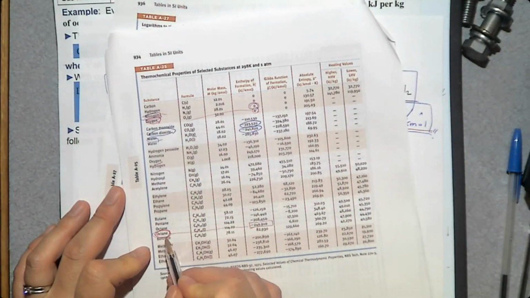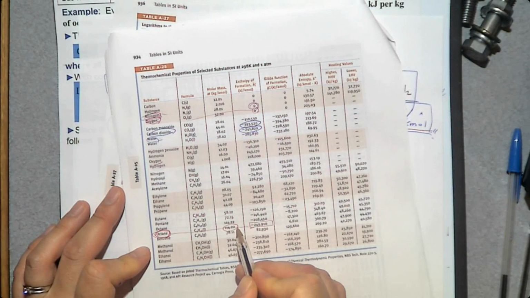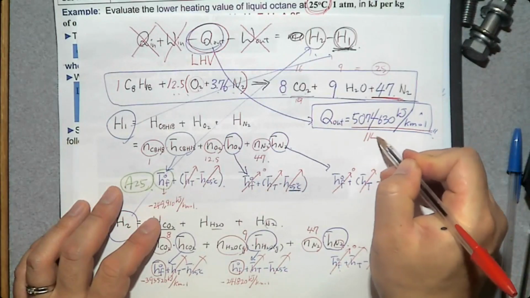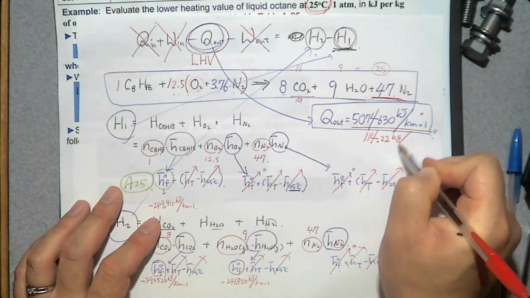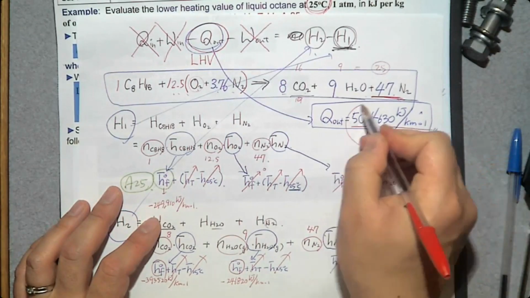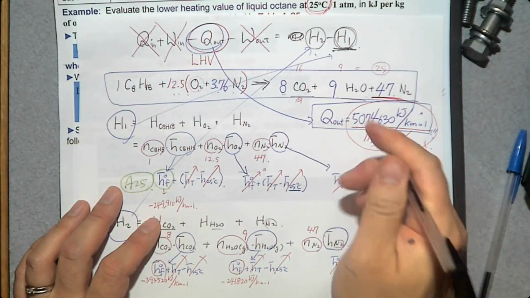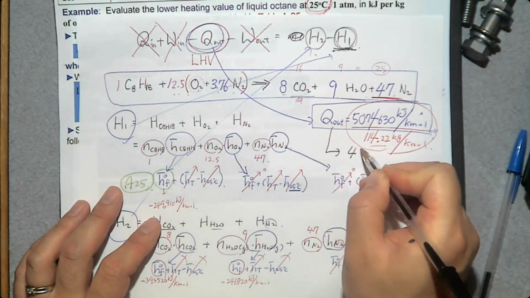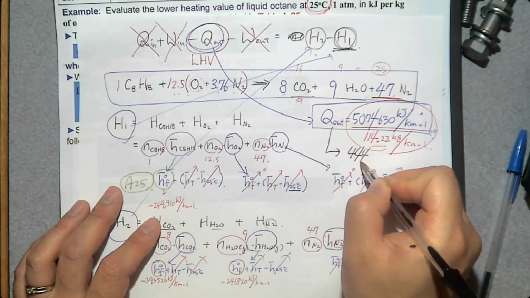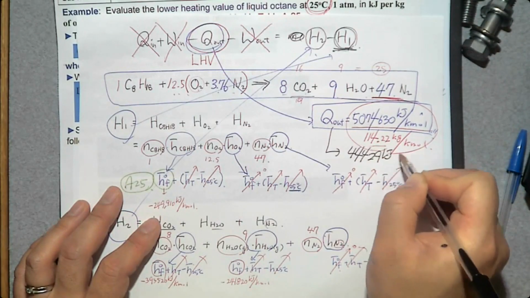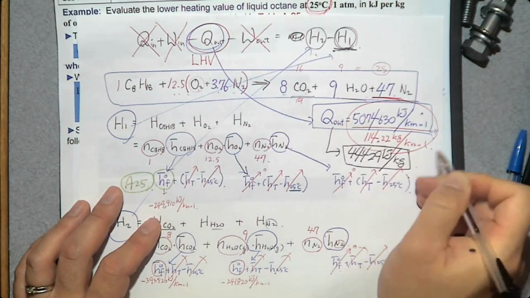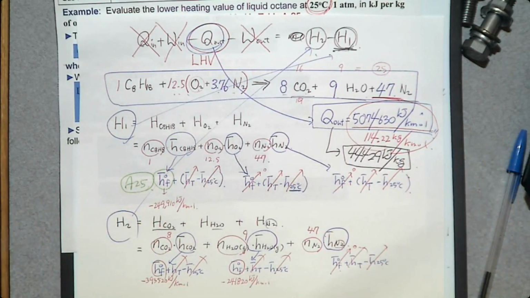There's liquid octane, and the molecular weight is 114.22 kilogram per kilomole. If you divide by this molecular weight, you get Q out to be 44,429 kilojoule per kilogram. So you can divide by molecular weight to determine mass basis, or multiply by molecular weight to determine molar basis.